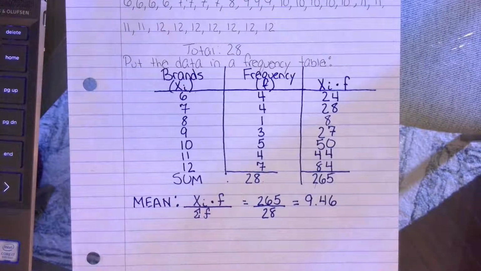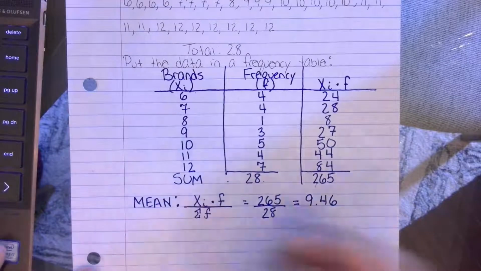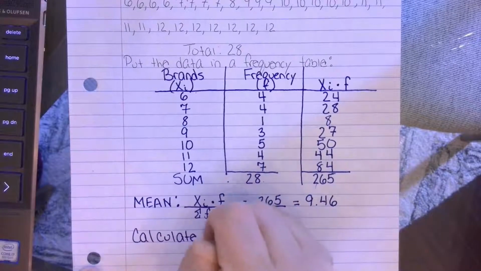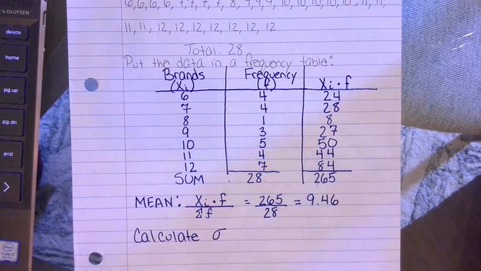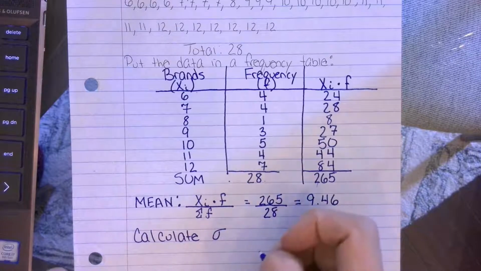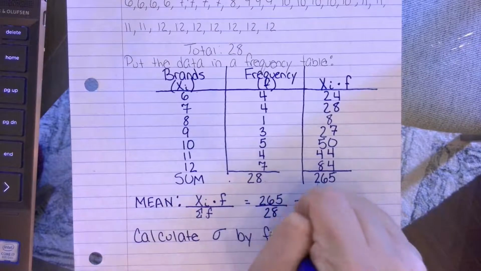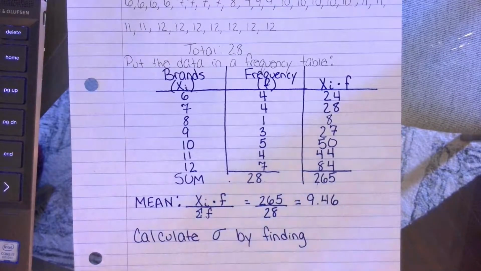So then to find the standard deviation, I'm going to want to calculate my standard deviation by finding 2 different values.